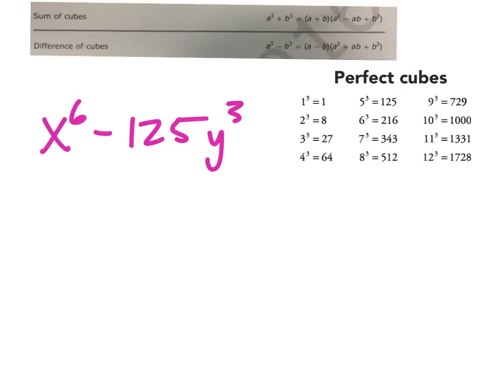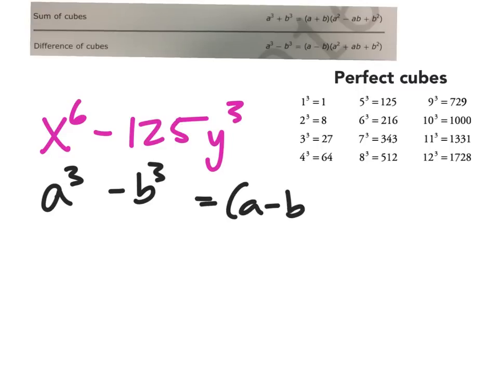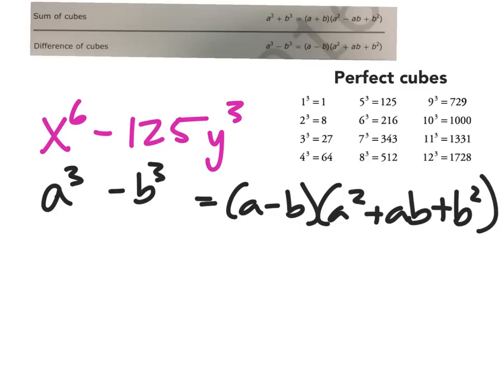All right, so if this is of the form a cubed minus b cubed, we know that this could all factor down to just (a minus b) times (a squared plus ab plus b squared). But what's difficult here is figuring out what got cubed to give me x to the 6th.